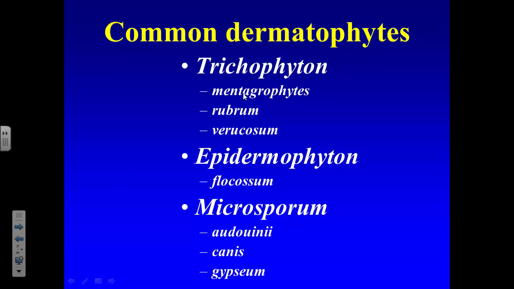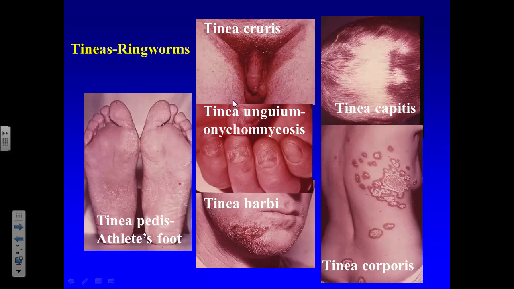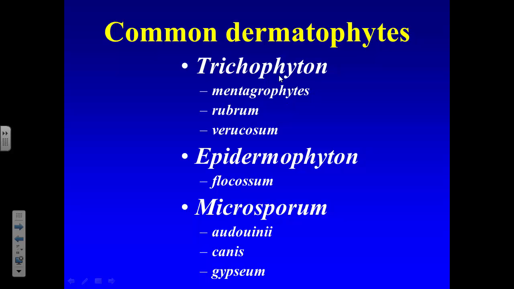All of these tineas that I showed you here can be caused by a fungus that belongs to one of these three genera: Trichophyton, Epidermophyton, and Microsporum. And you should memorize these three genera: Trichophyton, Epidermophyton, and Microsporum.